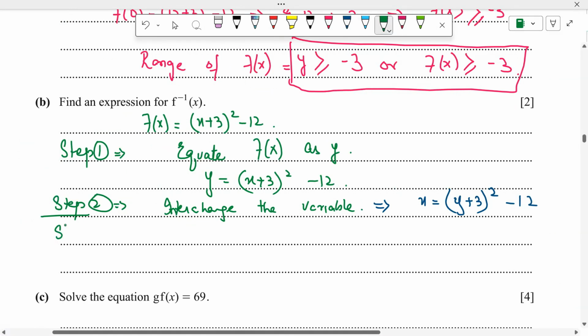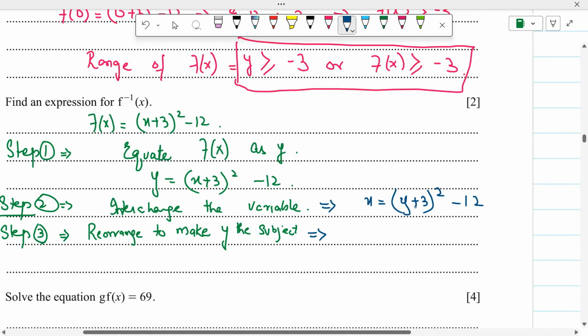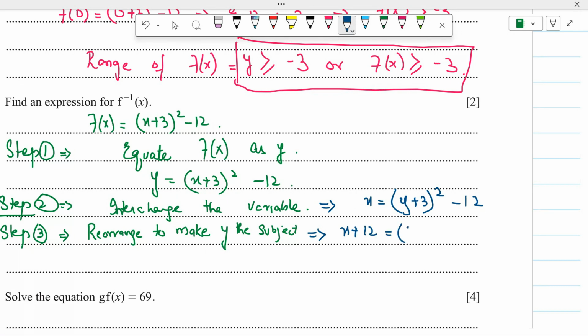Now step 3: rearrange to make y the subject. We have the negative 12 on the right side, so when we switch it to the left side it will be x plus 12 equals (y plus 3) whole squared.